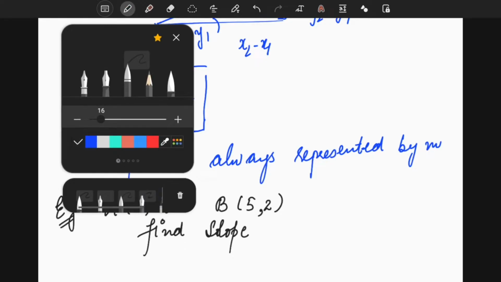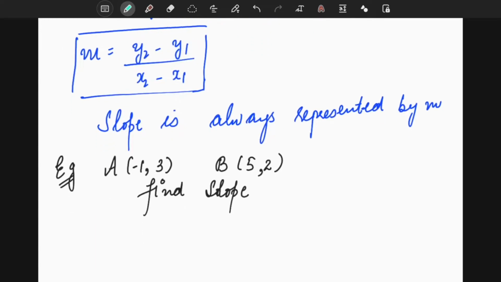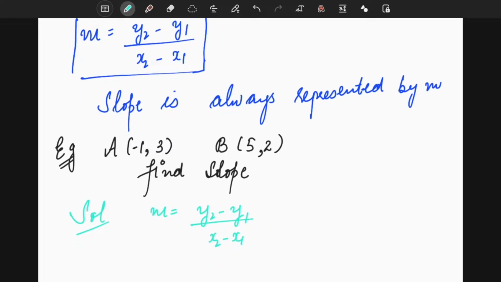And first of all, we will write formula of slope. Formula is y2 minus y1 over x2 minus x1. Before solving the question, always mention x1, y1, x2, y2.